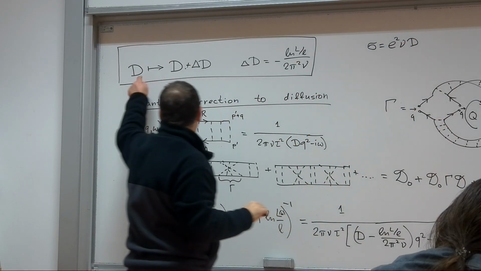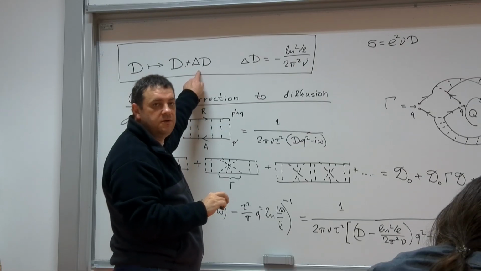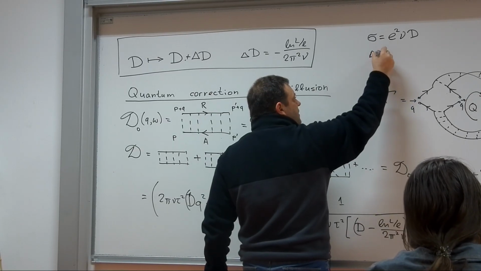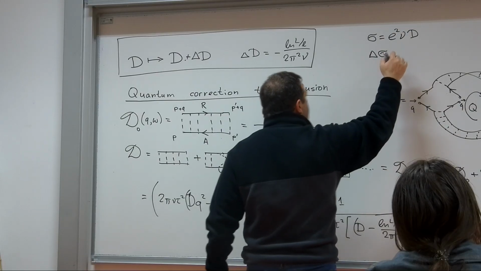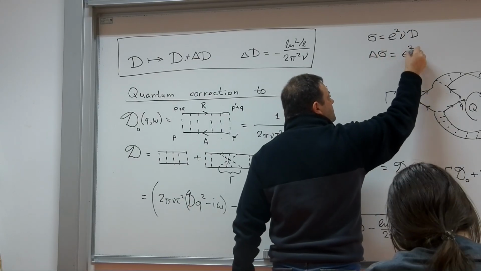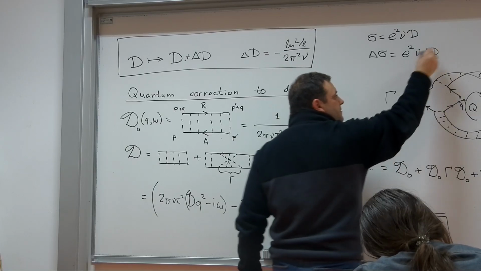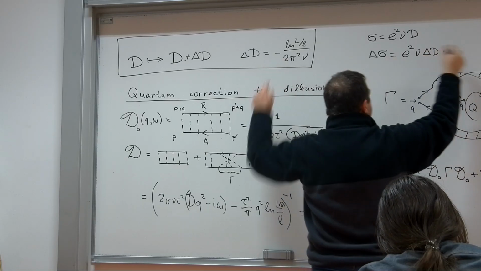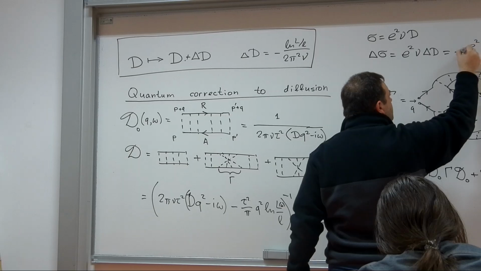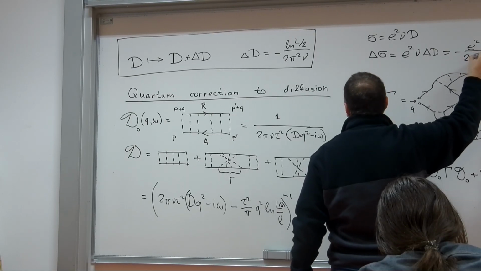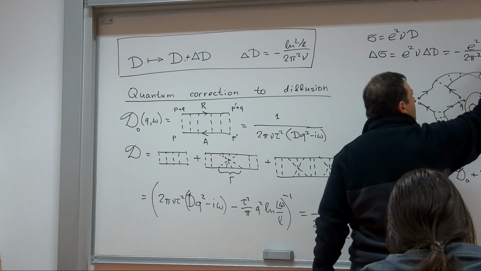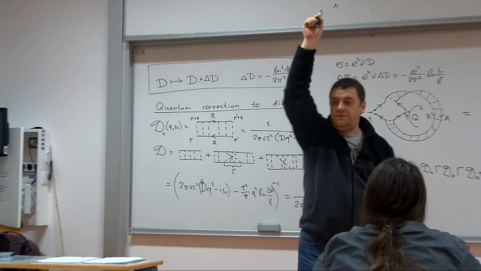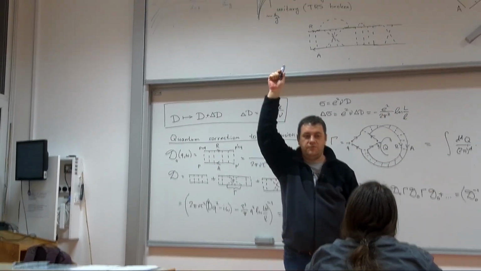So, since our diffusion constant acquires a correction, it should also lead, according to this identity, to a correction to conductivity, which is e squared times nu times delta D, which is, if I take delta D from here and put it in here, minus e squared over 2 pi squared log L over L, which is exactly the correct thing written on the very top of this board.